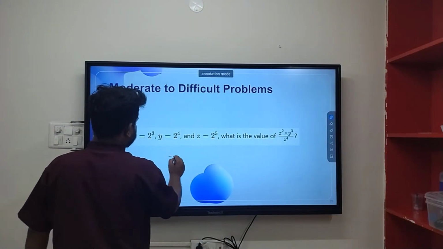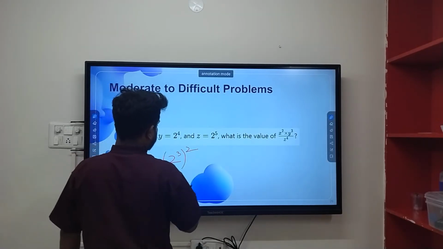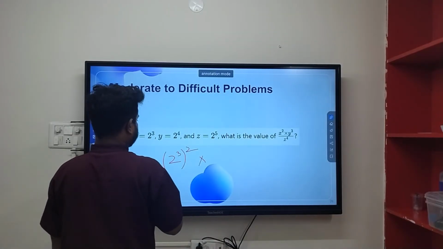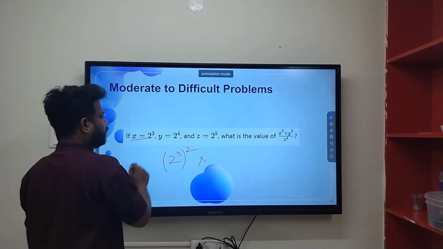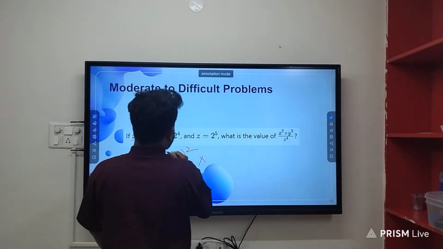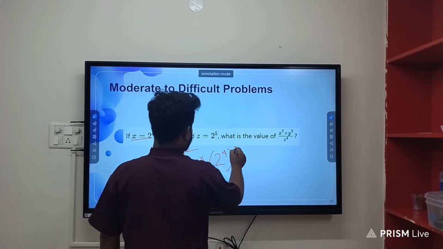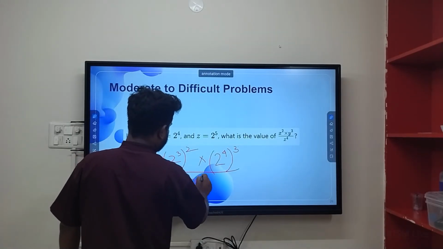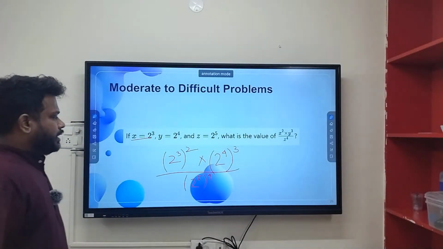So let's do this. 2 to the power 3 whole square, because the value of x is 2 to the power 3, we write it down here, and the power of x is square, so we also write it down. So y is equal to 2 to the power 4 and its power will be 3, and z is 2 to the power 5 and the power is 4, so we have written it down here.